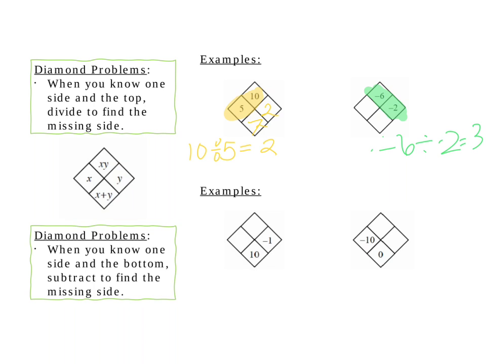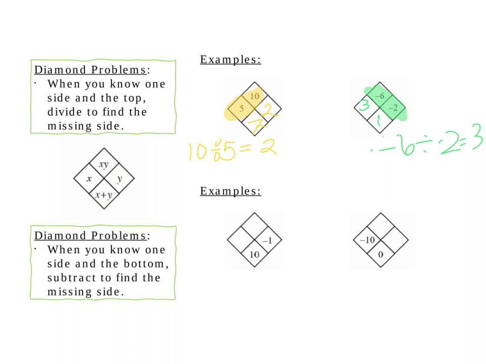Remember, a negative divided by a negative is a positive, just like a negative times a negative is a positive. So 3 goes over here. And what is 3 minus 2? Another difficult math question for us all, but I think we probably got it.